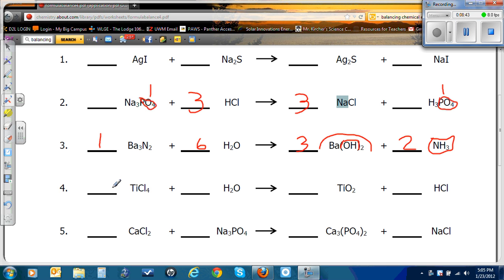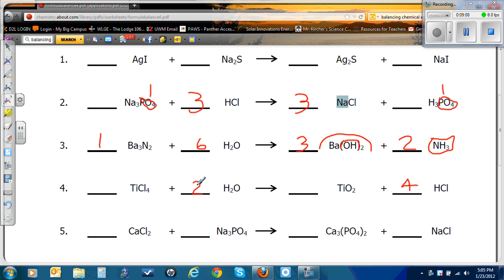Okay. Moving on to the next problem, we have titanium, 1 part, 1 part on the product side. 4 parts chlorine, 1 part chlorine, so we need a 4. Go on to the hydrogen, 2 parts hydrogen. Now we have 4 parts hydrogen, so we need a 2 here to balance.